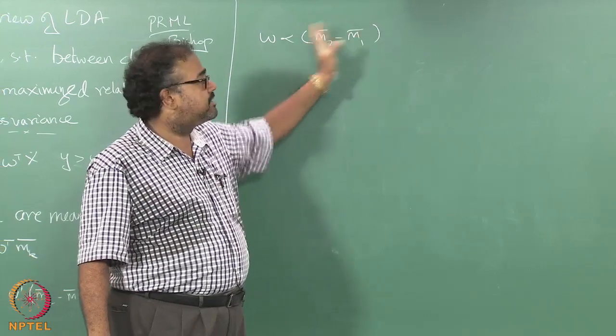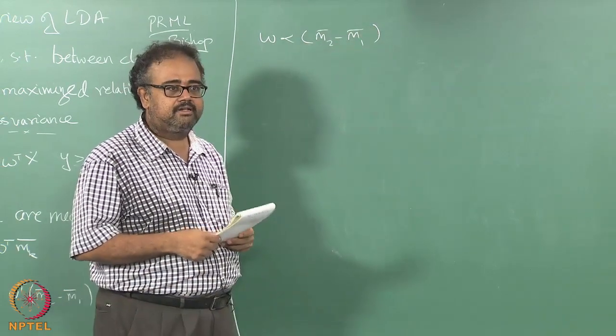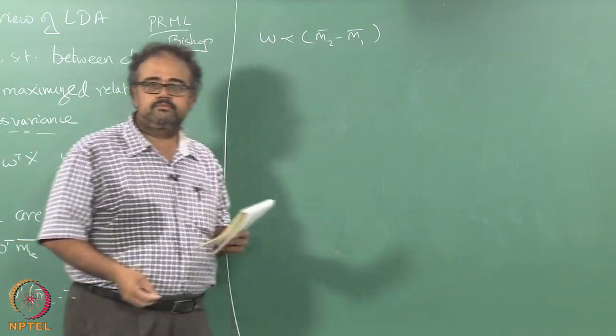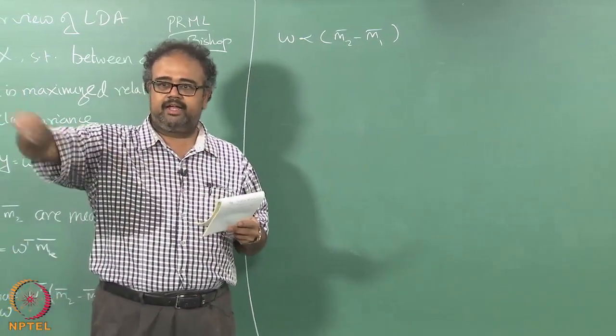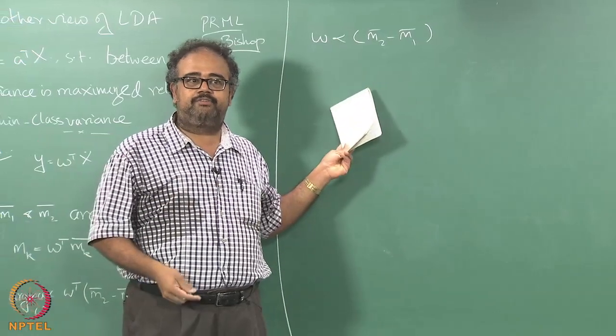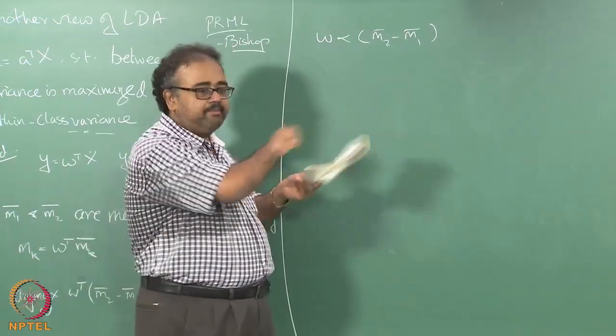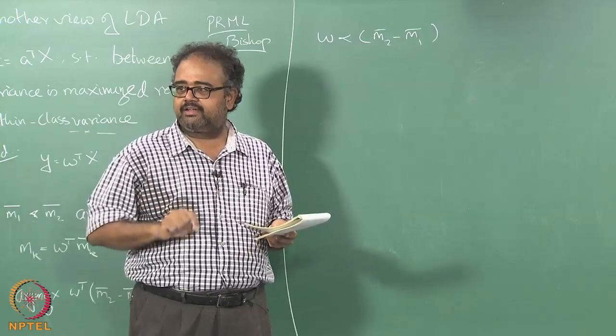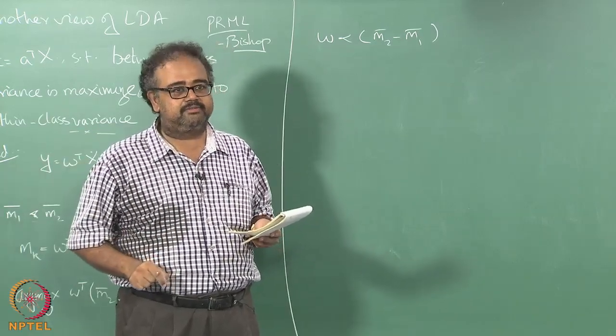So what does this mean? Take the means, and you can go back and show that if it is spherical, then the constant will be half. So it will be the midpoint of the line dividing the two means.